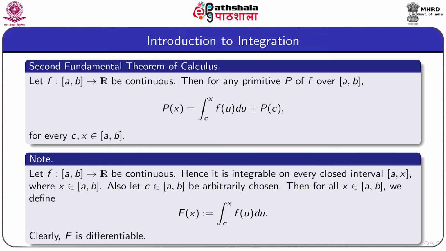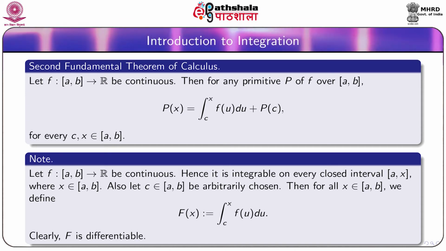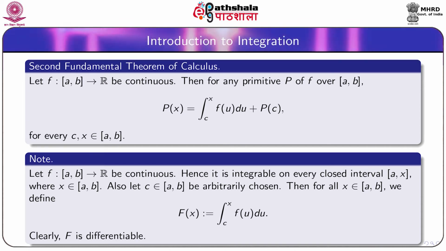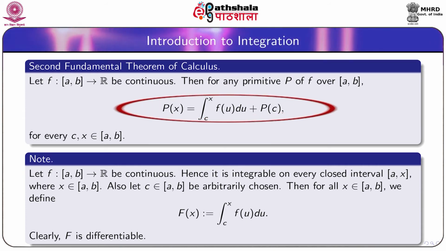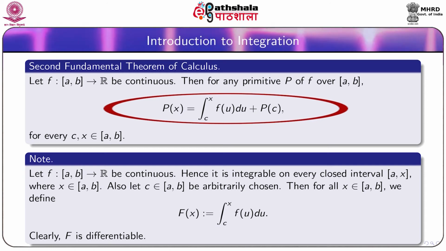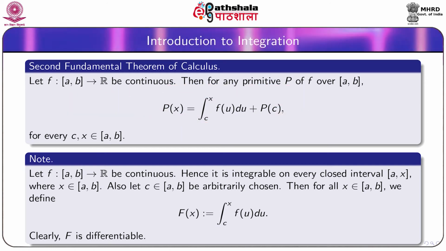Hence, we have the following result. Second fundamental theorem of calculus. Let small f from the bounded closed interval AB to R be continuous. Then for any primitive capital P of small f over the bounded closed interval AB, we find capital P(x) equals integral c to x f(u) du plus P(c) for every c and x from the bounded closed interval AB.